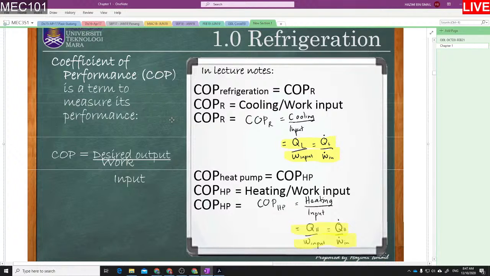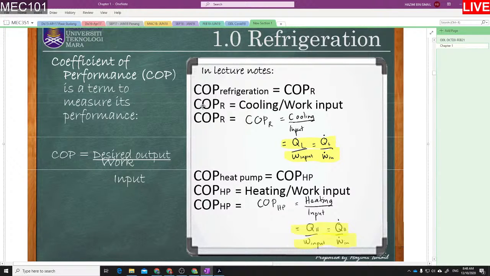Okay, COP stands for coefficient of performance. Actually, COP is like thermal efficiency, as we learned in the MEC 251 subject of thermodynamics. But for refrigeration, we use the term COP.